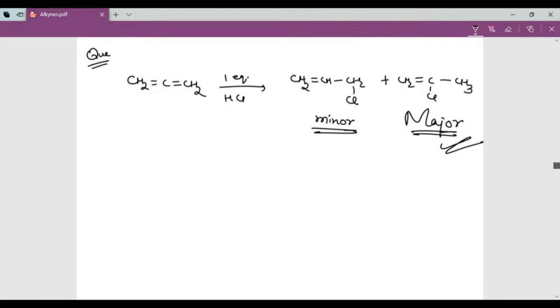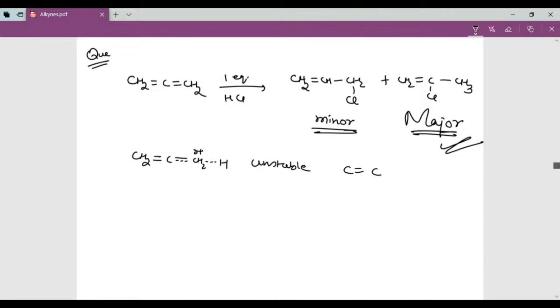Actually, during the formation of carbocation, when this bond is just broken and del plus is just being acquired, then this is not resonating. This transition state is unstable.